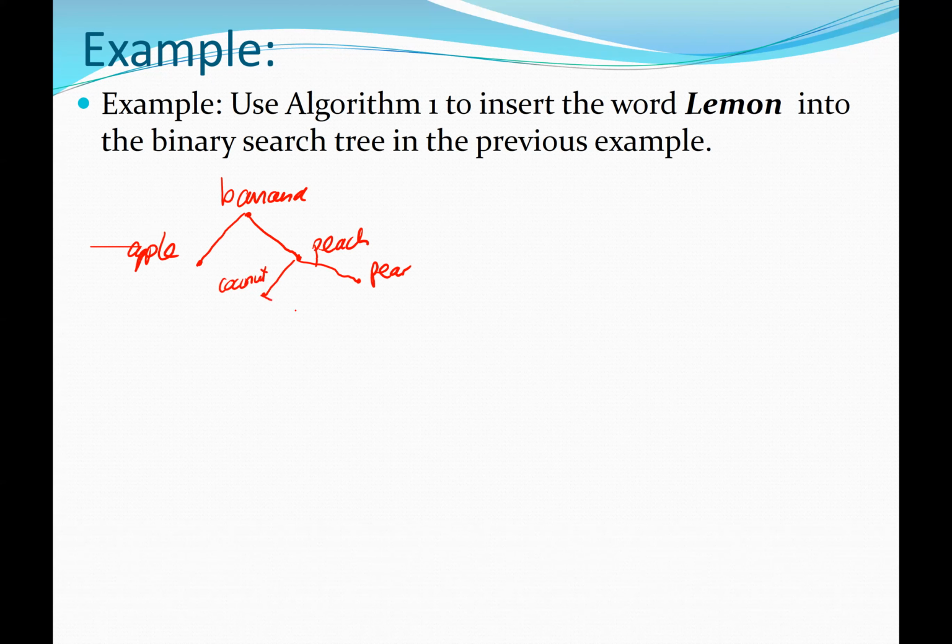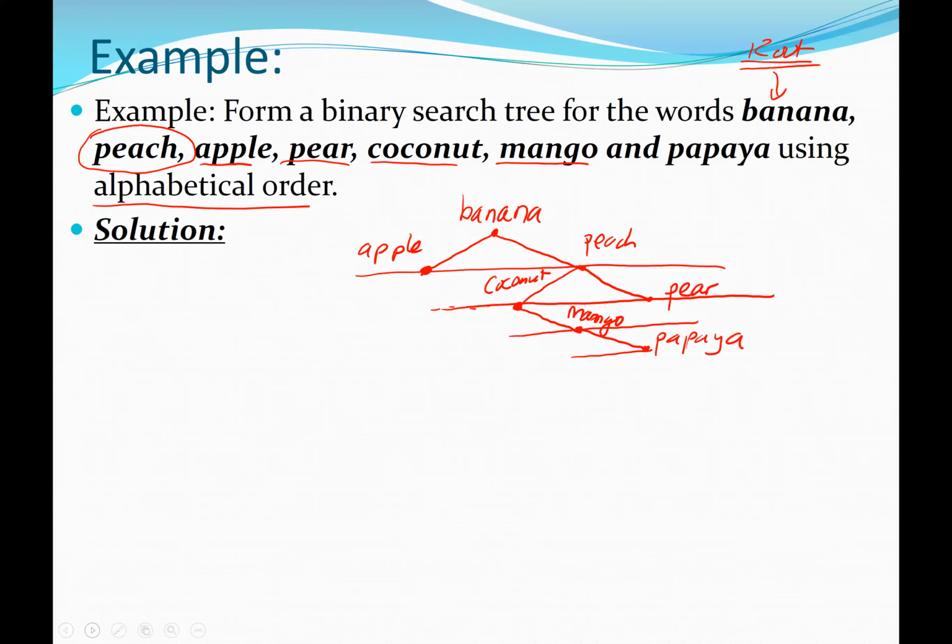And then we have, what do we have? We have mango. And then we have papaya. Okay. There you go. Banana, apple, peach, coconut, pear, mango, and papaya.